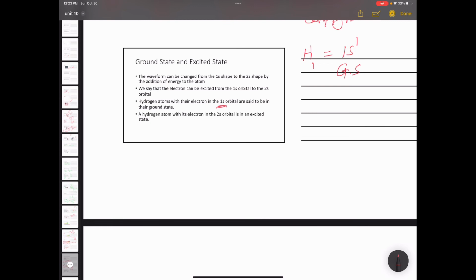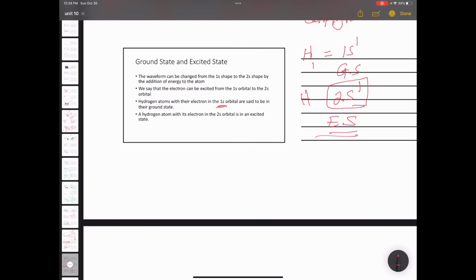We can move this electron from the 1s1 to the 2s, or to the second principal energy level, by adding energy to the hydrogen atom. So it will be in the 2s1, but this is an excited state, okay?